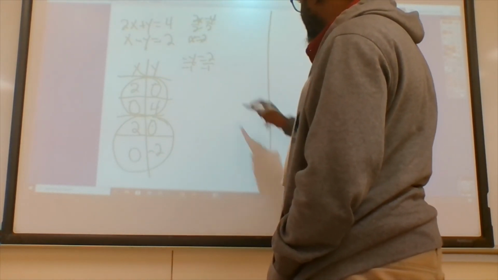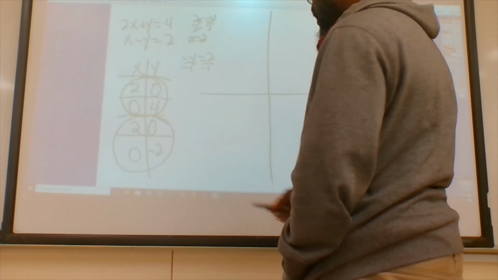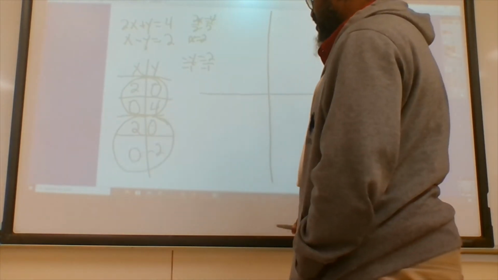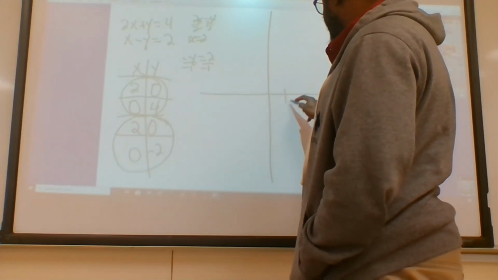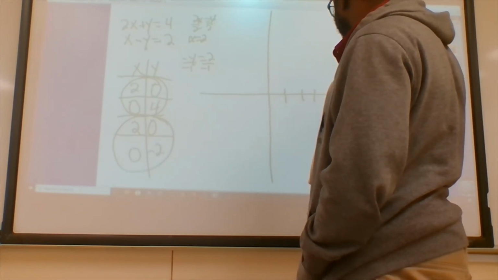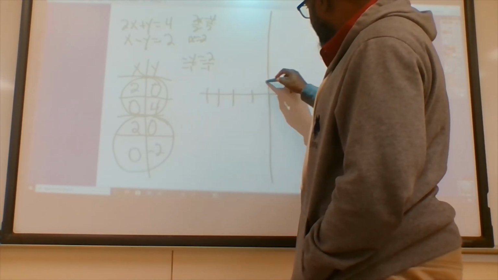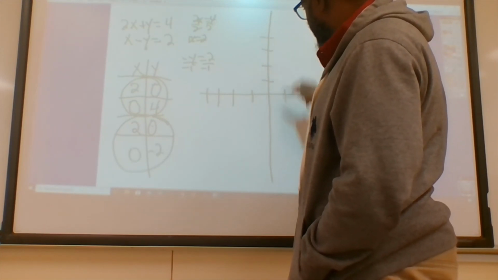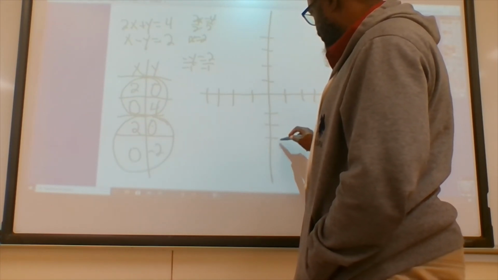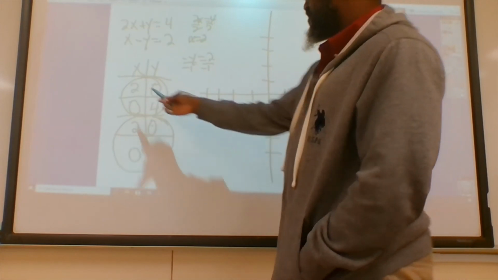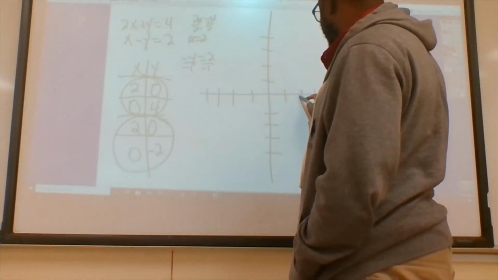Then you go, and since my numbers are not big, I can use an interval of 1. Right, 2, 0, go 2 units to the right.